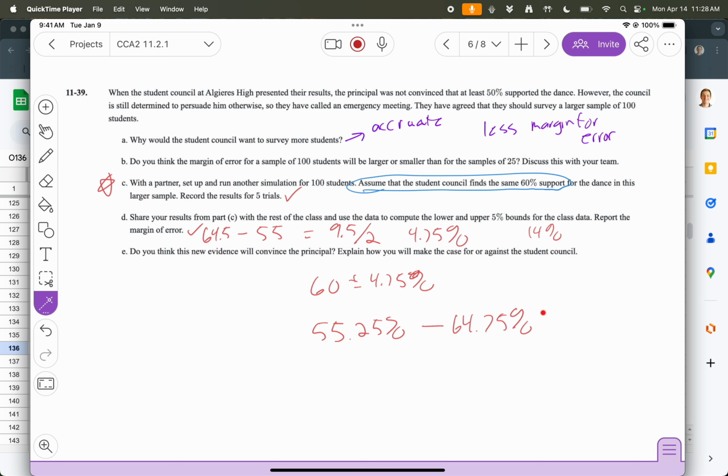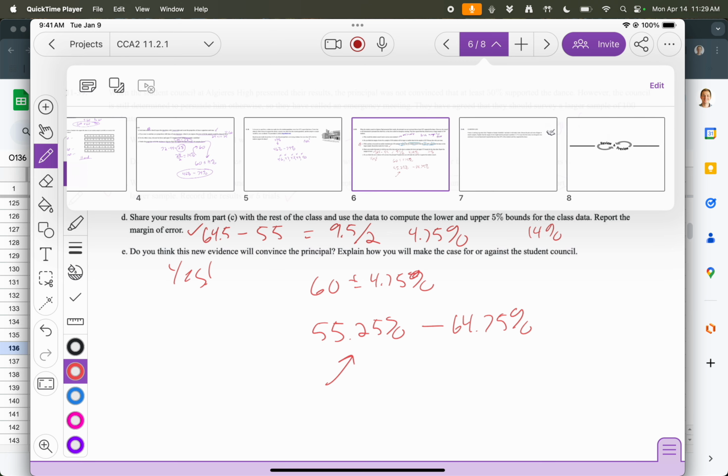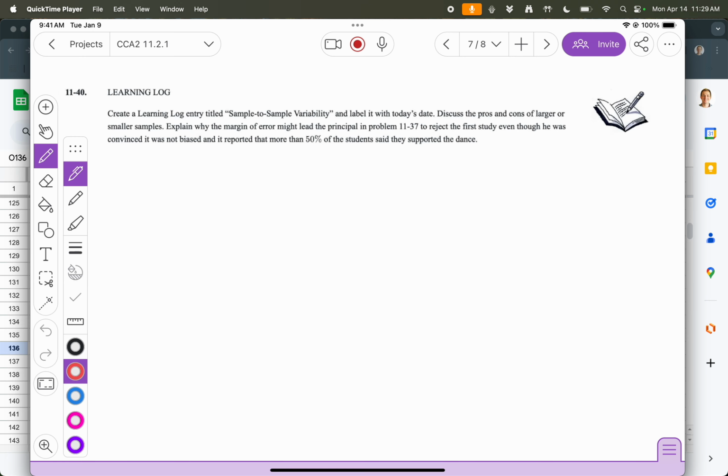So here is the whole takeaway, that might feel a little bit like no duh. If you take a smaller sample, you're going to have a higher degree of change.